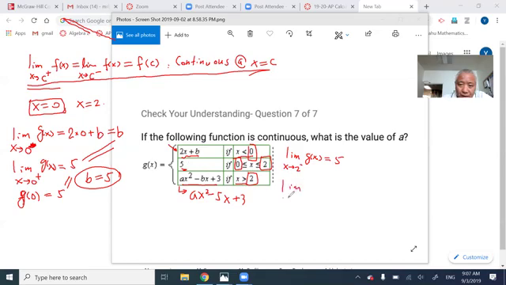And the limit as x approaches 2 from the right side of g(x): since this is a polynomial, you can plug in the value. The left limit and right limit must be equal, and also equal g of 2.